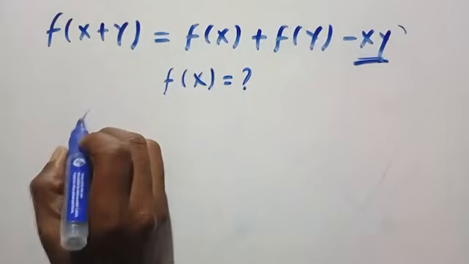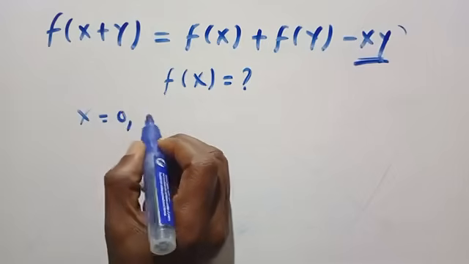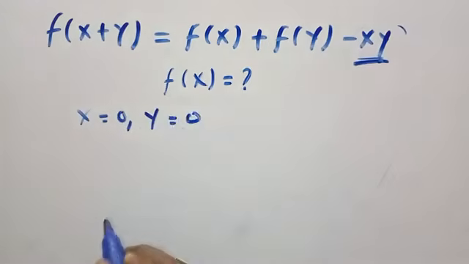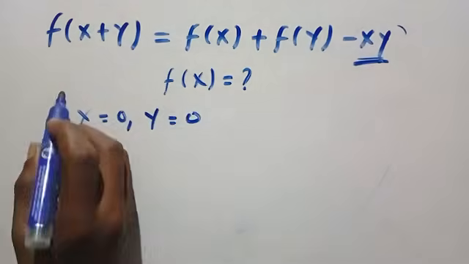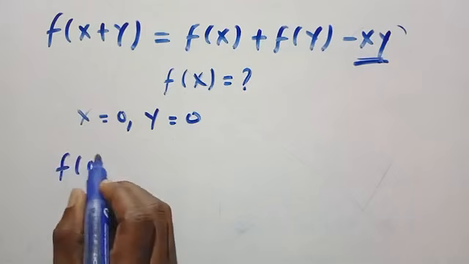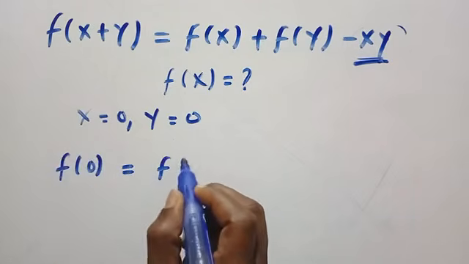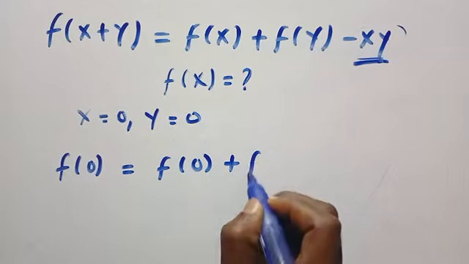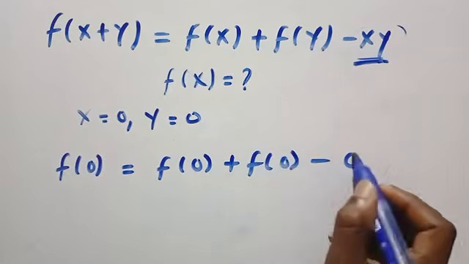Assume that I set x equals 0 and y also equals 0. Here this gives us f of 0 equals f of 0 plus f of 0 minus 0.